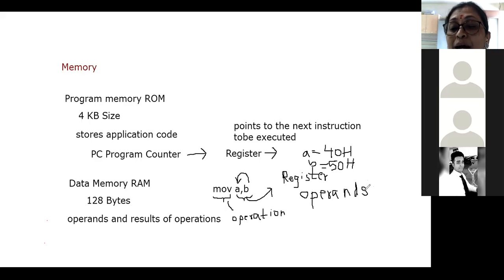These operands are stored in the data memory. After execution of the instruction, the result is 50H, which is stored in register A.